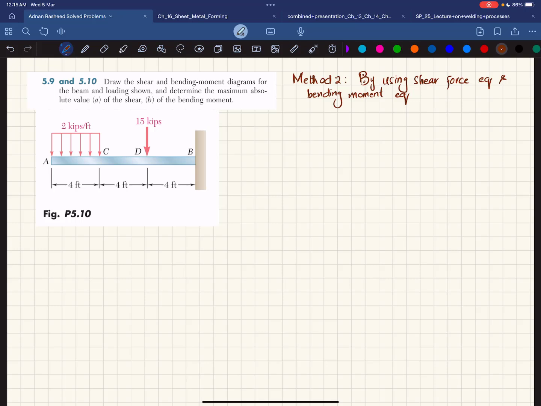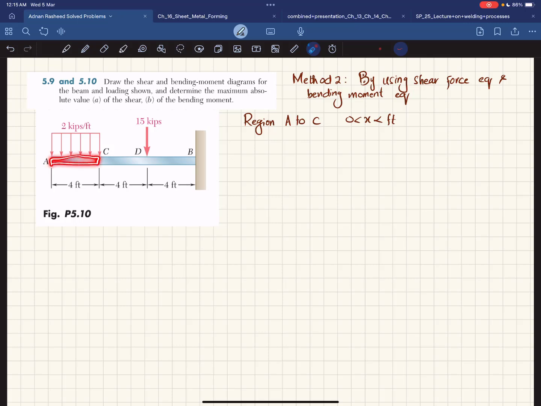So what will be the first step? You can see you have three regions: from A to C, from C to D, and from D to B. So first we will take region A to C. Now A to C means that x is greater than 0 and less than 4 feet. So this is the region A to C. Okay.